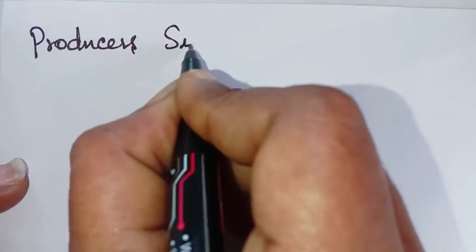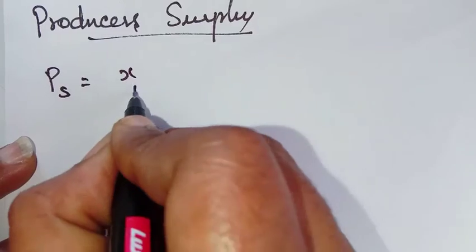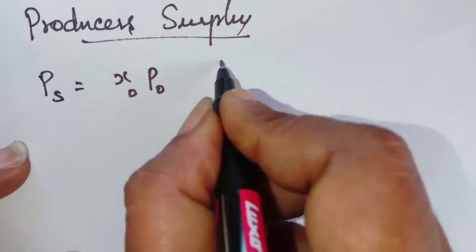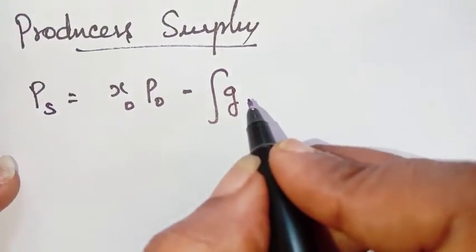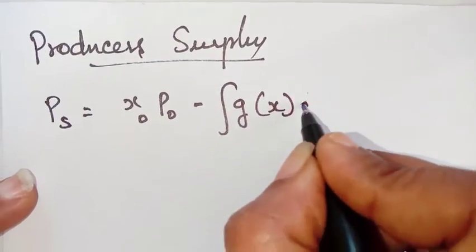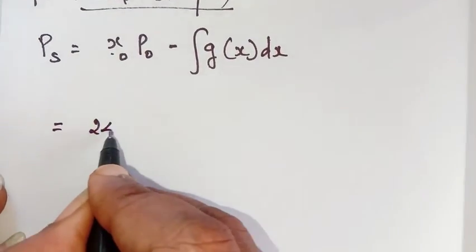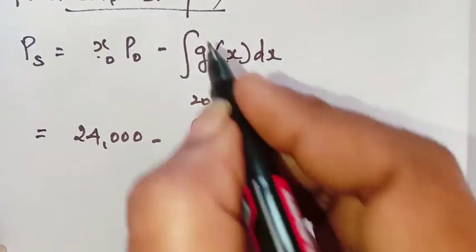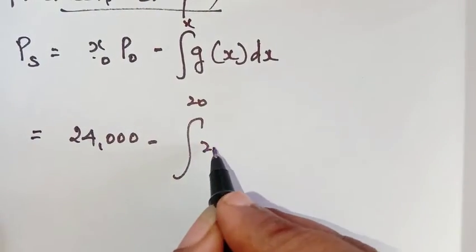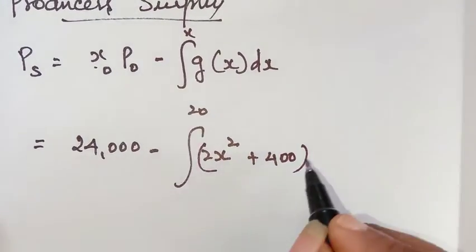Now we'll do the producer surplus. PS is equal to x0 P0 minus the integral of g of x dx. We have already found x0 P0 as 24,000, minus the integral from 0 to 20 of 2x square plus 400, which is already in the question, dx.